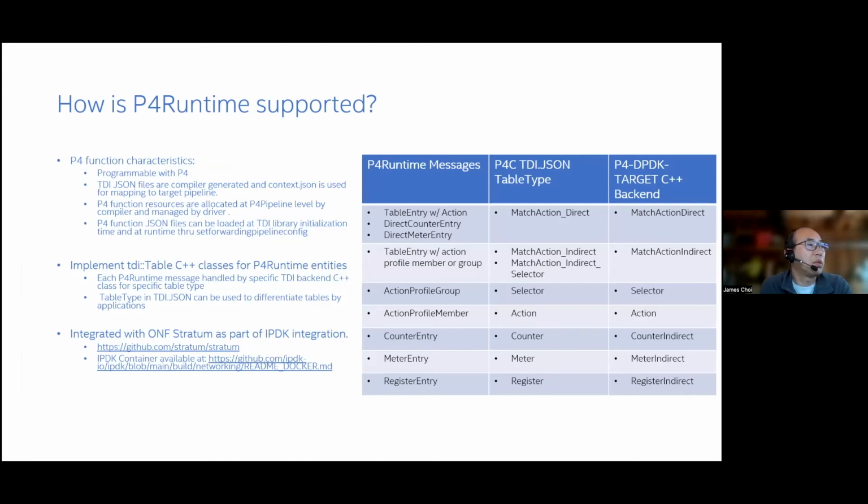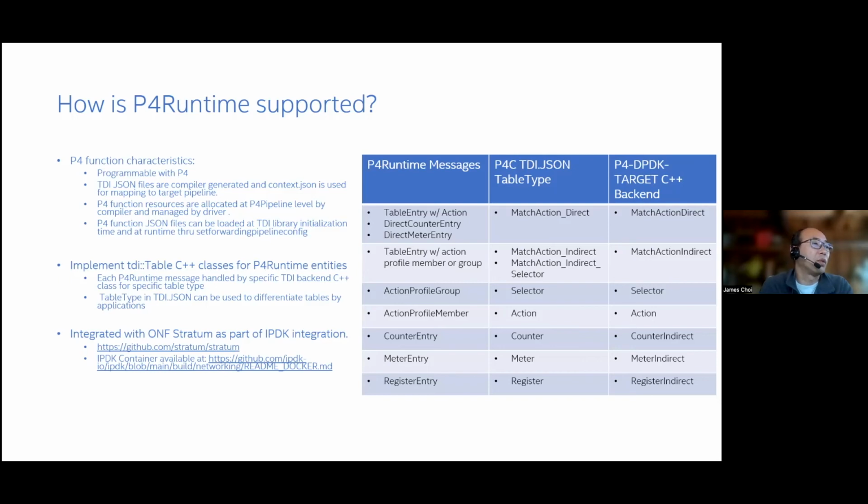P4 function resources are allocated by the compiler at the P4 pipeline level, not at the device level, and they're managed by the driver at the P4 pipeline level. The P4 function JSON files can be loaded at TDI library initialization time, but also at runtime through set forwarding pipeline config.